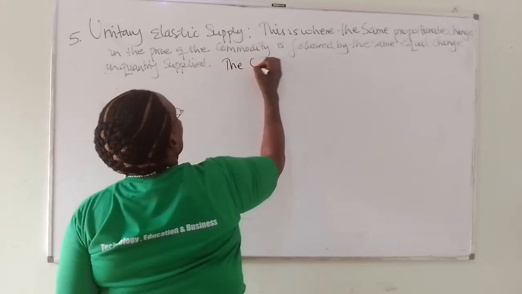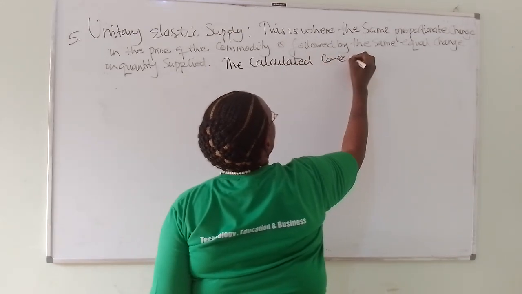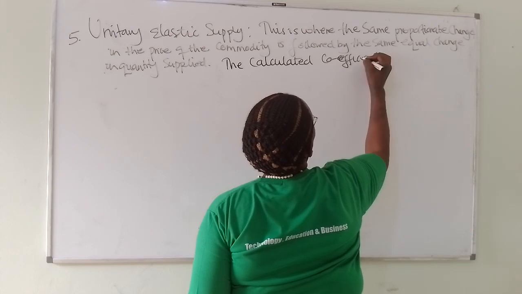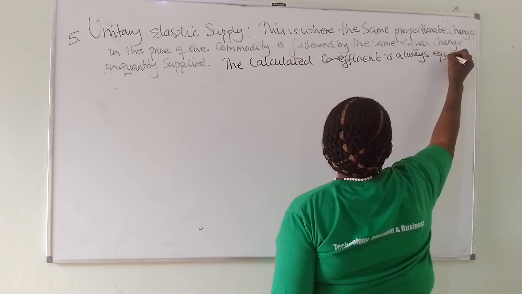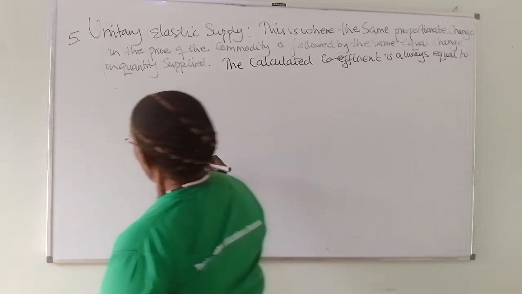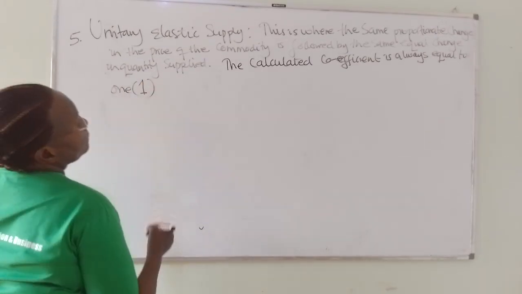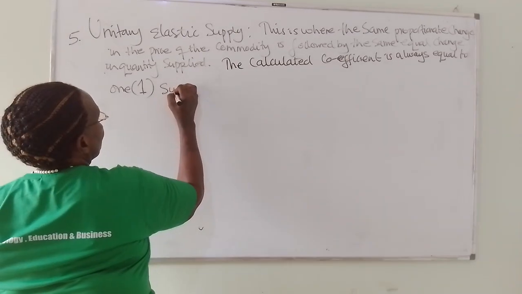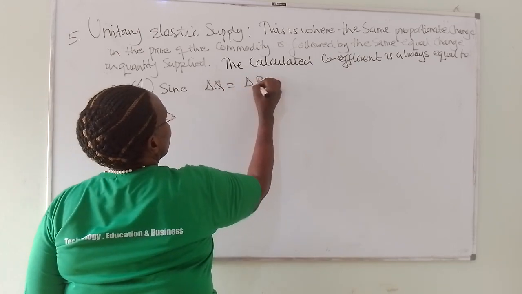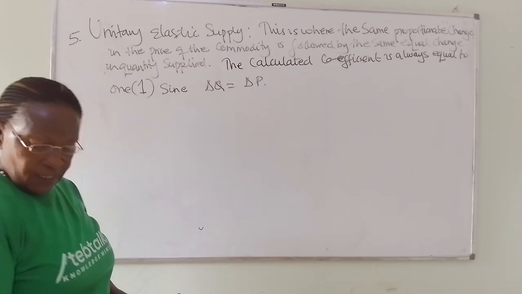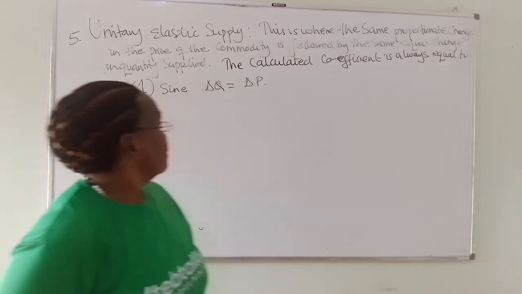The calculated coefficient is always equal to 1, since the change in quantity is equal to the change in price.